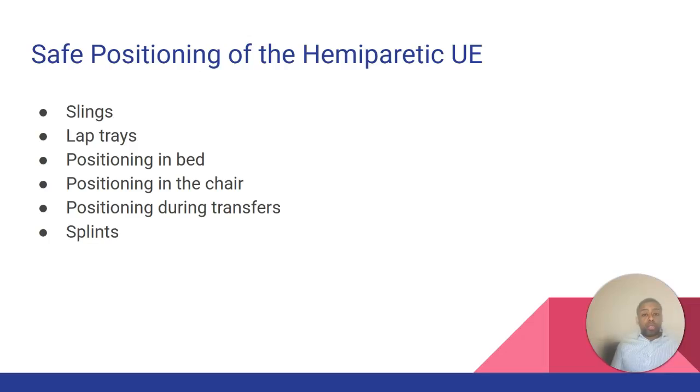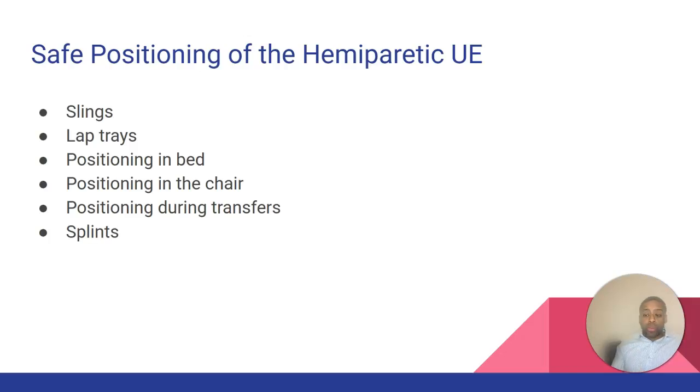Now, the type of slings that are beneficial, and I've said it in a previous lecture, is not the typical kind of elbow sling that we see with people with orthopedic injuries. We do not want to promote prolonged positioning of the elbow in flexion, because that could lead to increased tightness of the elbow flexors and maybe reduced length of the tendons of the elbow flexors, and we do not want that.